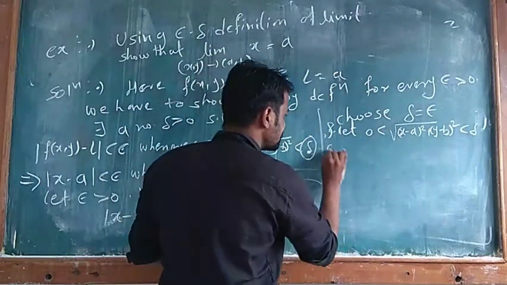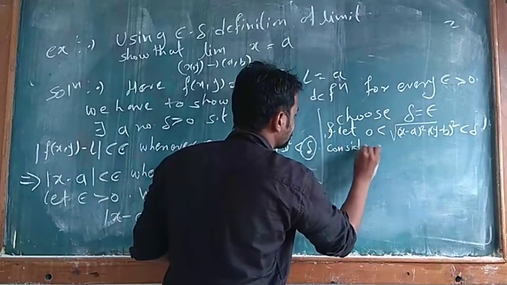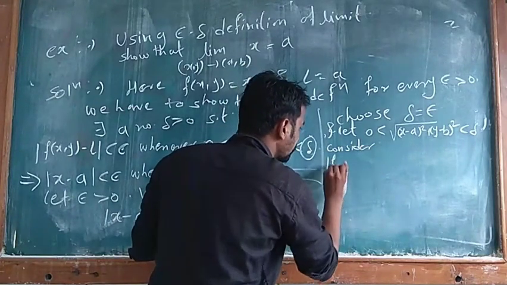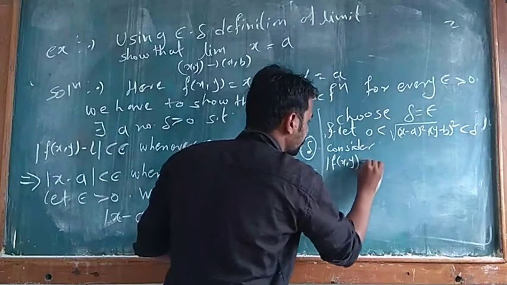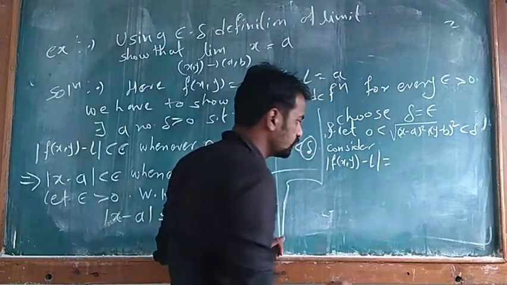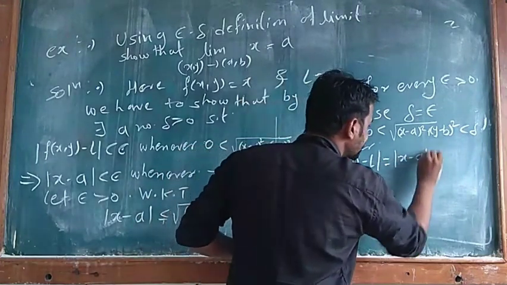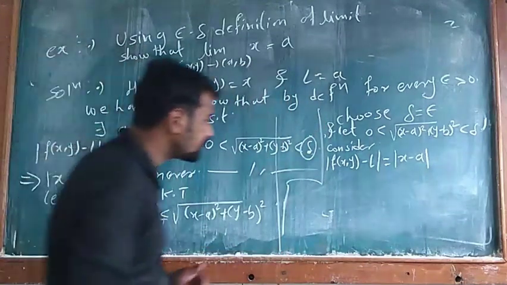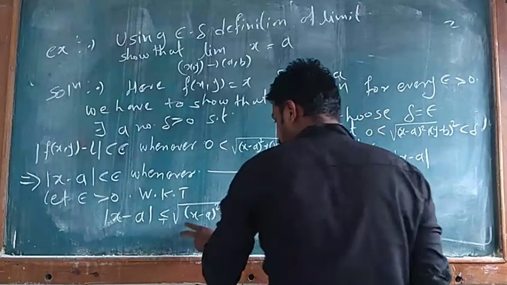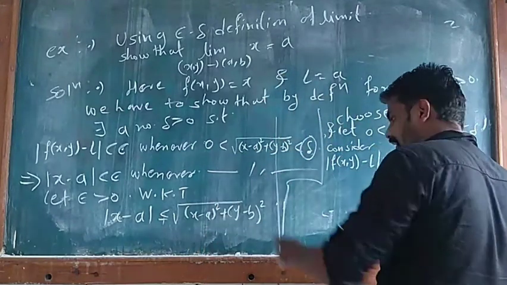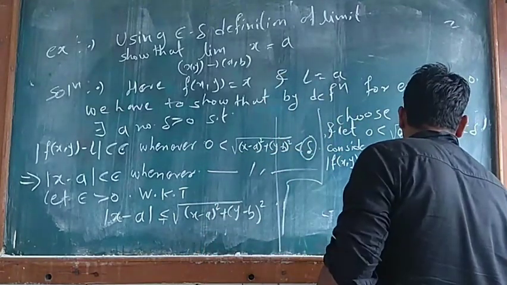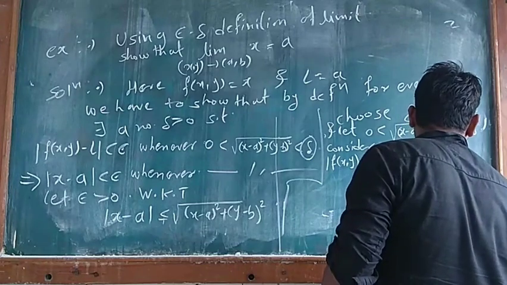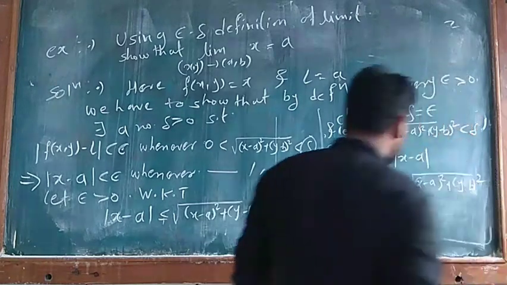Then consider mod of f of (x, y) minus L, which is equal to mod of x minus a. From this we have, which is less than or equal to the square root of (x minus a) squared plus (y minus b) squared.